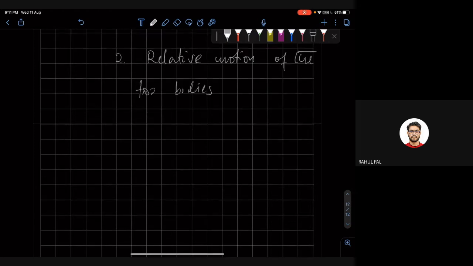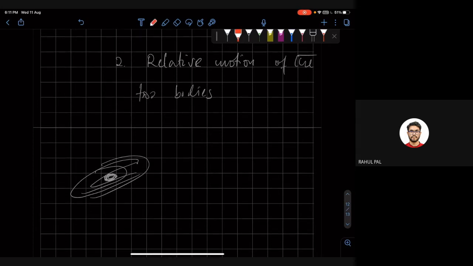It's similar to saying that this is the solar system, but the solar system itself is moving with some velocity in our galaxy.